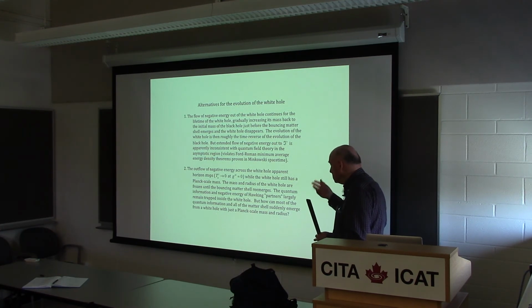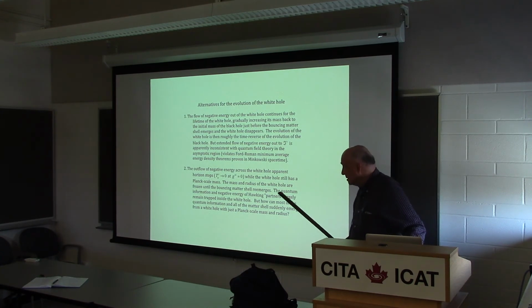And so most of the quantum information and negative energy of the Hawking partners is still trapped inside the white hole until matter comes out. And well, there are then issues there too, perhaps less serious ones.